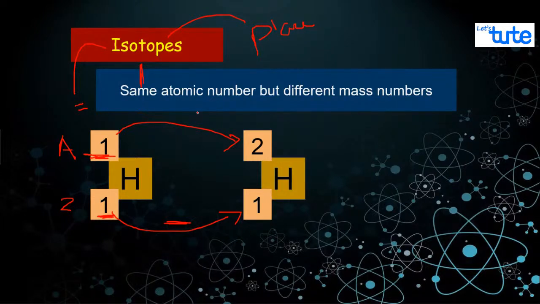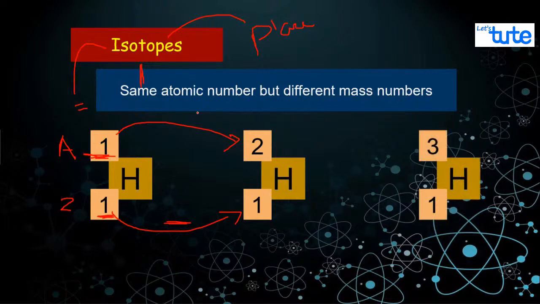Now let's try to understand one more isotope of hydrogen. The mass is changing, it's 3, but the number of protons, the atomic number, is the same. So what are isotopes? Isotopes are nothing but the same atomic number but different atomic mass number. You can make it rhyme: same atomic number, different atomic mass number.